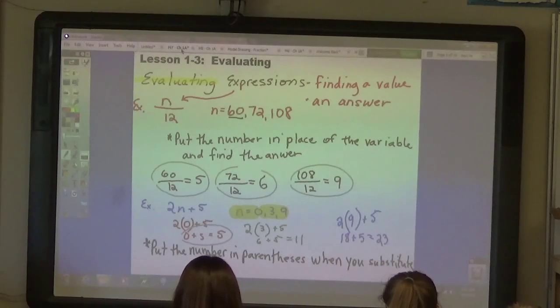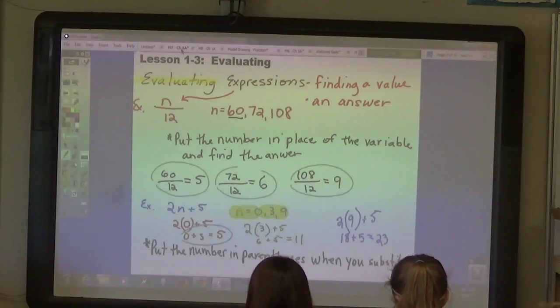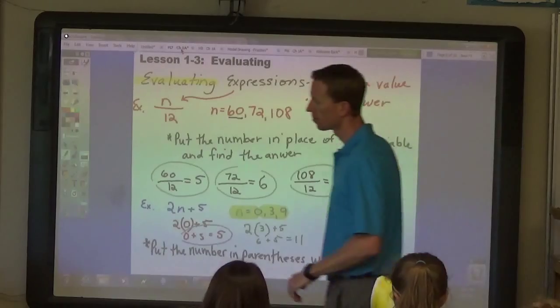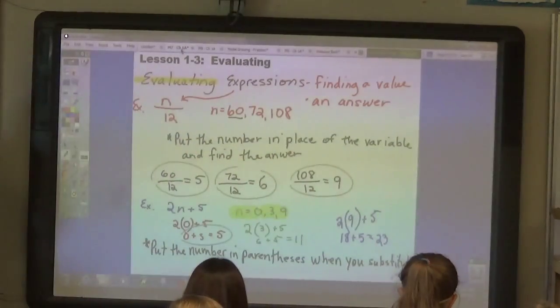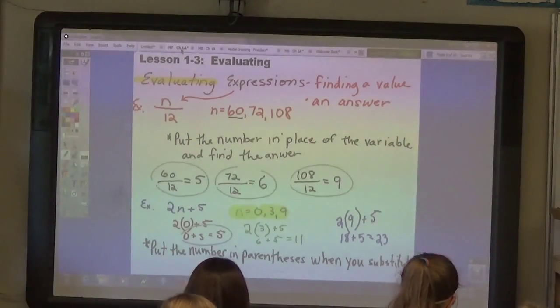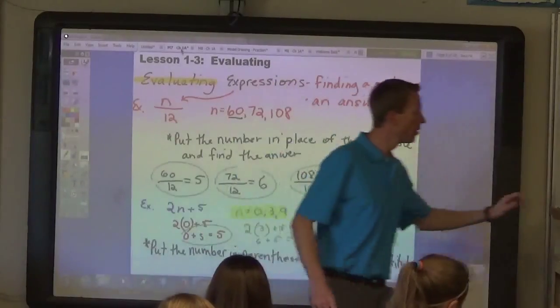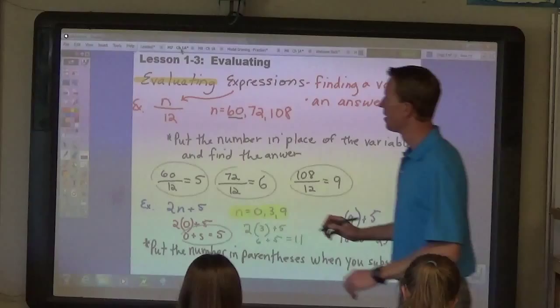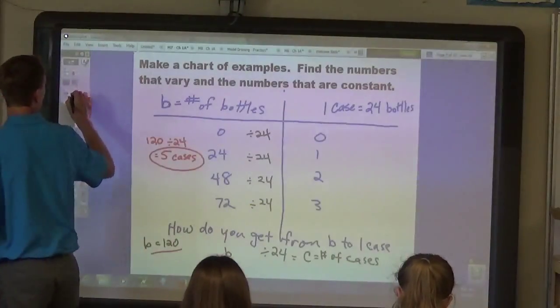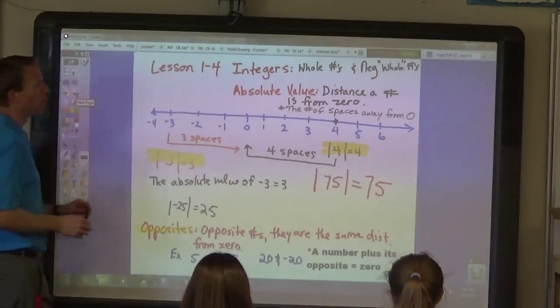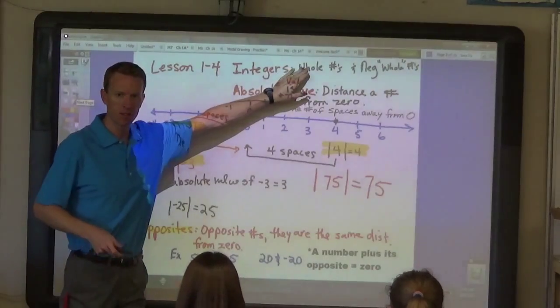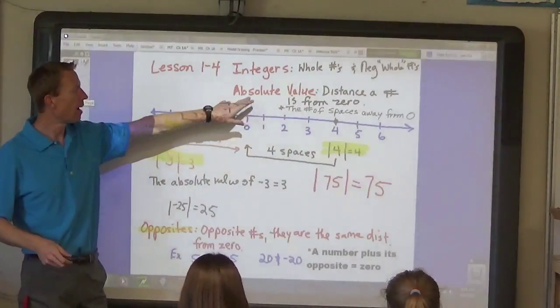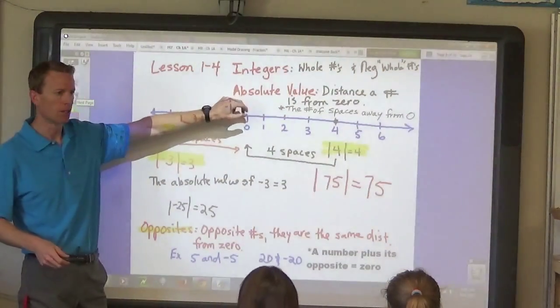Okay, 7th graders, we're going to move on to lesson 4 today, which is on integers and absolute value. We just took some notes on that. Integers, that term means whole numbers and their opposites.